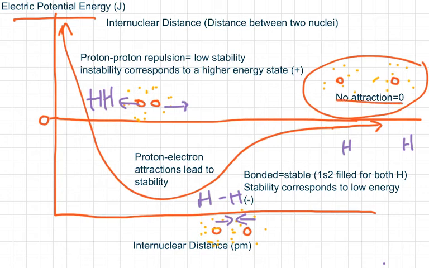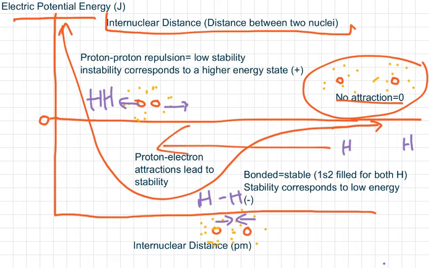However, as we decrease the distance between the 2 atoms, and in this diagram, decreasing the distance between the 2 atoms, also known as the internuclear distance, is when you go to the left. As you go to the left, the internuclear distance decreases, and when it decreases, something interesting happens.